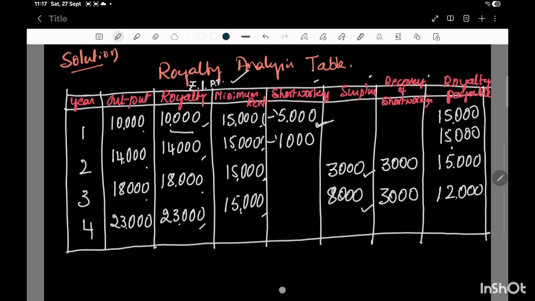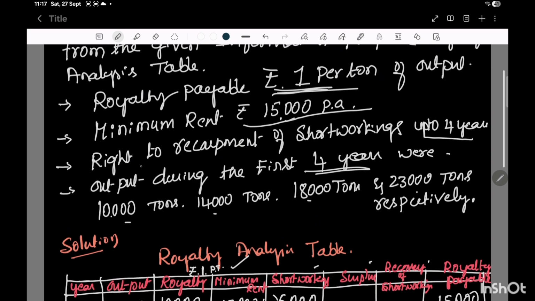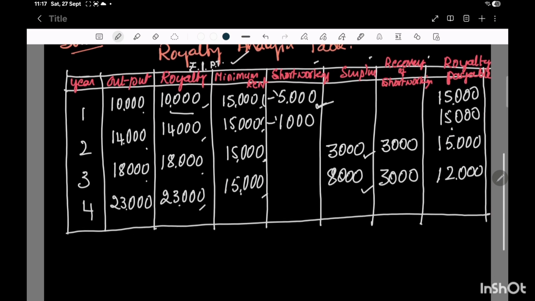Okay, and as per the agreement, the right to recover the short working is given up to 4 years. That may be first 3 years, first 4 years, first 5 years. Likewise, they'll mention the number of years by which this short working can be recovered, can be adjusted out of the surplus to minimize the loss.